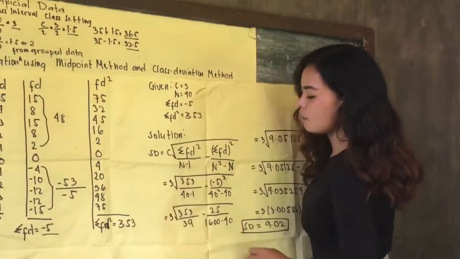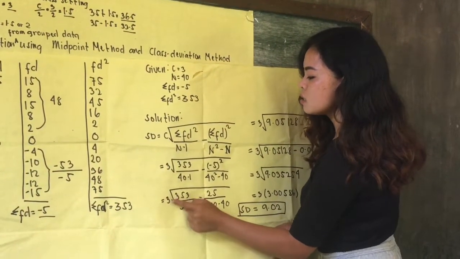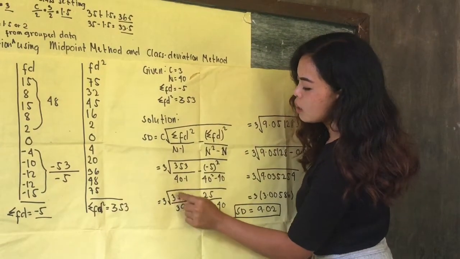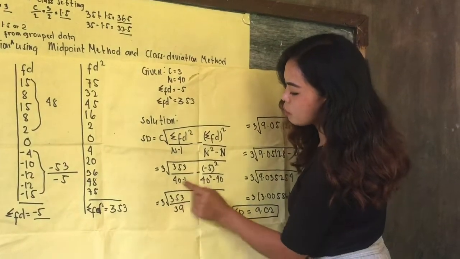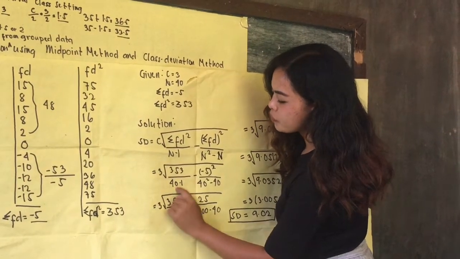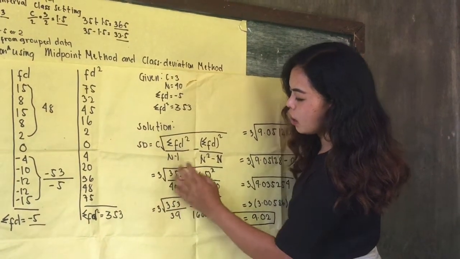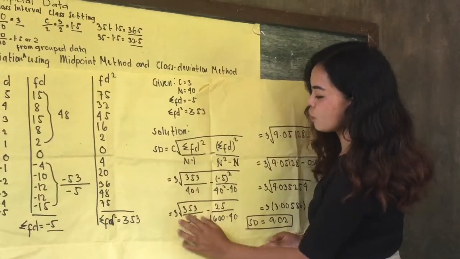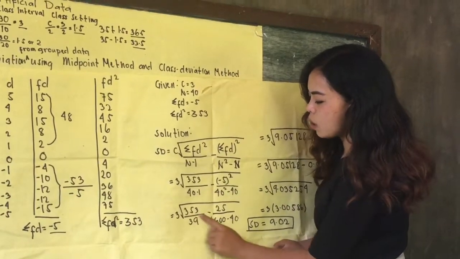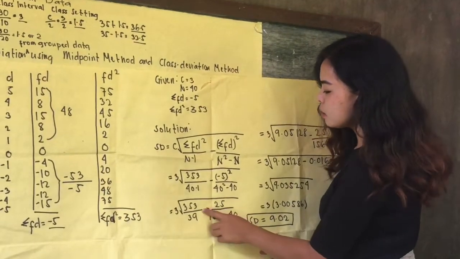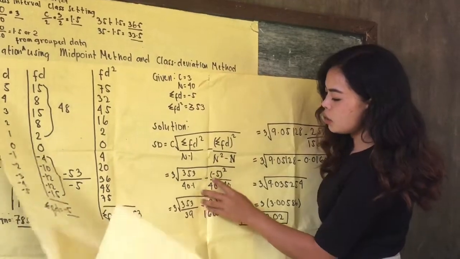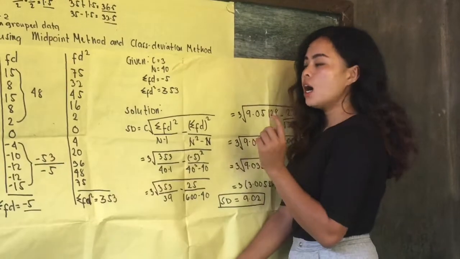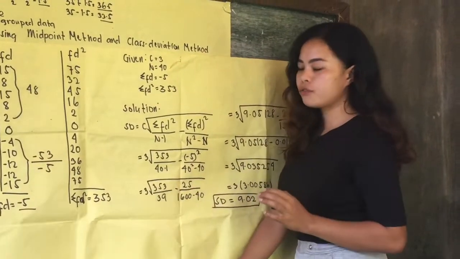Then the next step is to copy the 3 and the square root. Then copy your summation of FD2. Then subtract 1 from your number of cases. So 40 minus 1 is equal to 39. Then minus the square of our summation of FD.